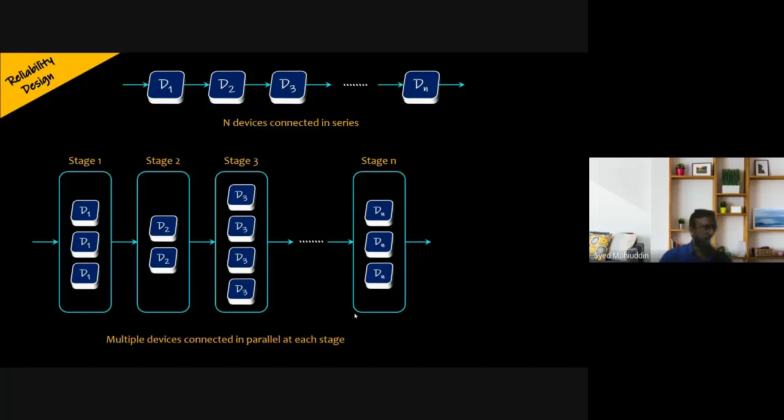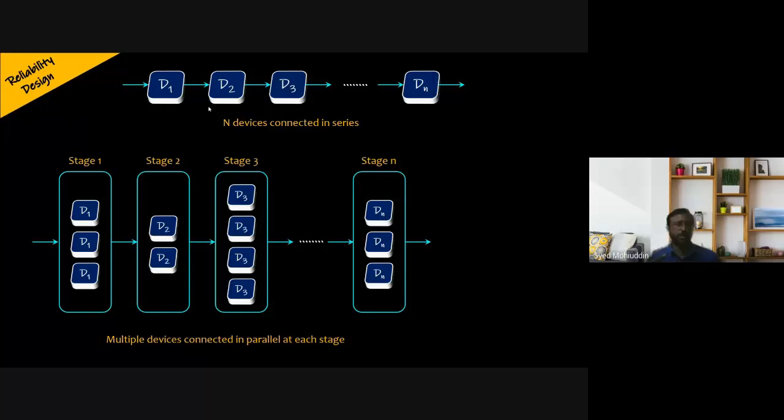Now this concept of reliability design has come up from the manufacturing process. So what we have is, suppose we have to complete a task and we need n number of devices to complete that task, and each device is connected in series.